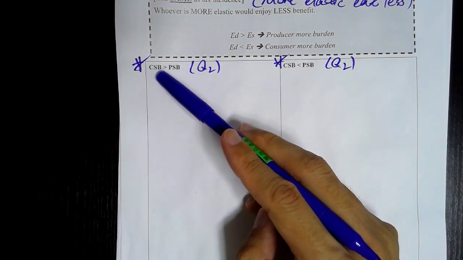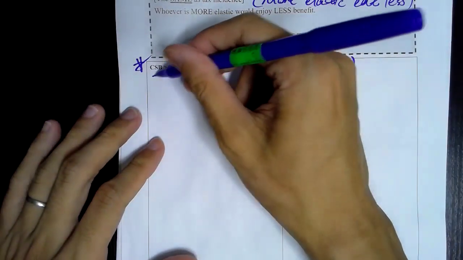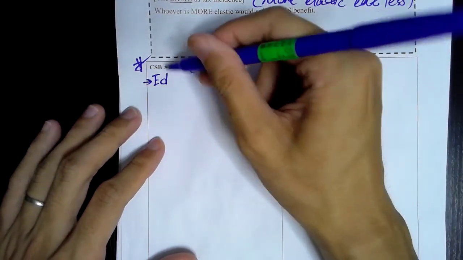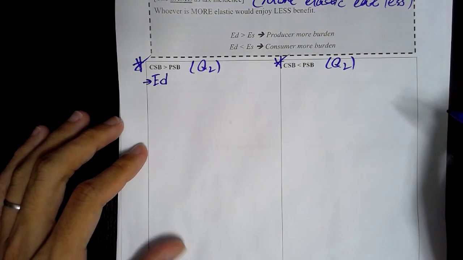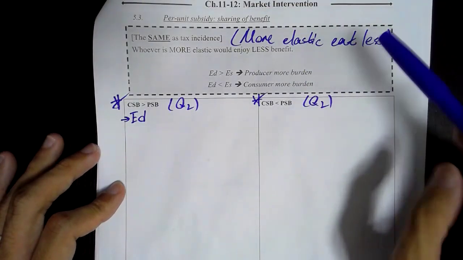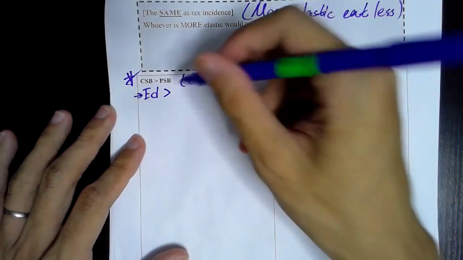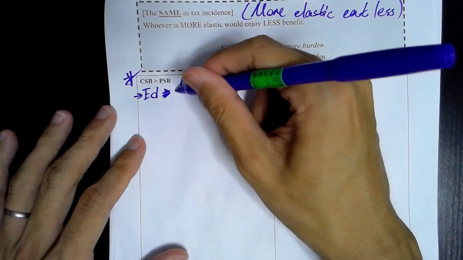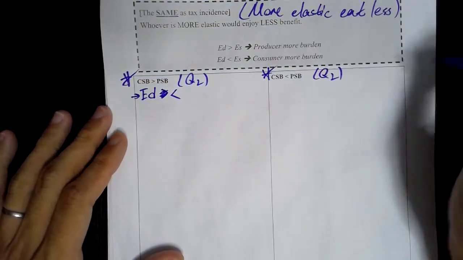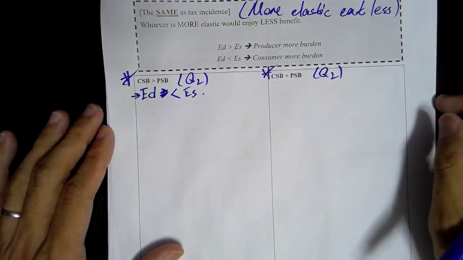If we want the consumer subsidy benefit to be larger, then the condition is that whoever is more elastic eats less. So whoever is less elastic eats more. It means that ED is, actually, no, less elastic than supply.